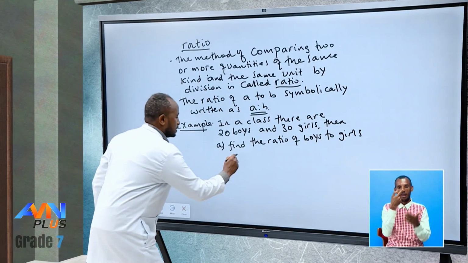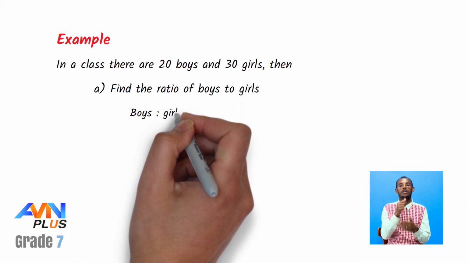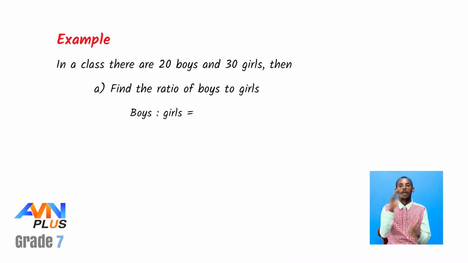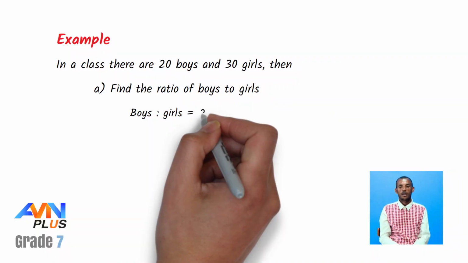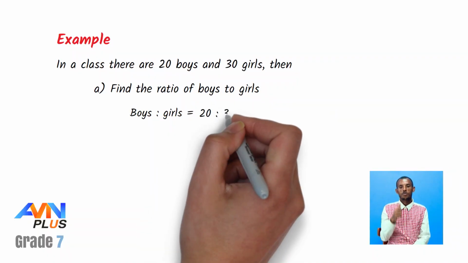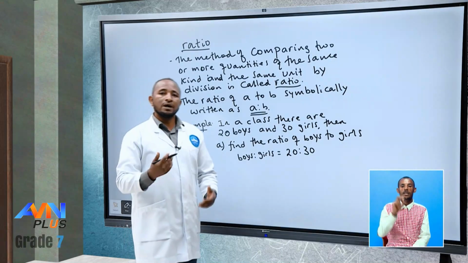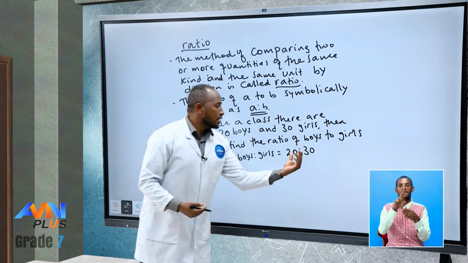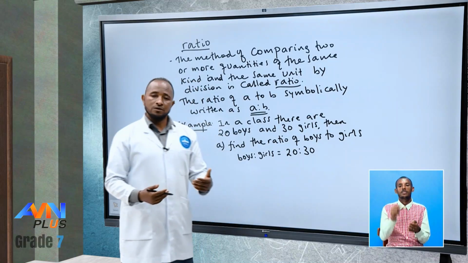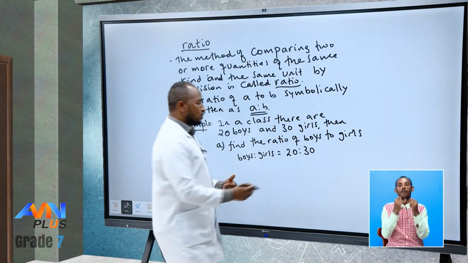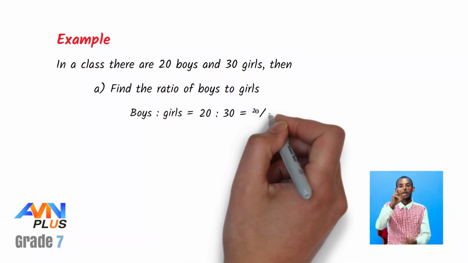Here, boys ratio girls will be equal to 20 ratio 30, since the number of boys is 20 and the number of girls is 30. But when we write ratio, we have to write this in lowest term. The ratio can also be written in fraction form, 20 over 30.